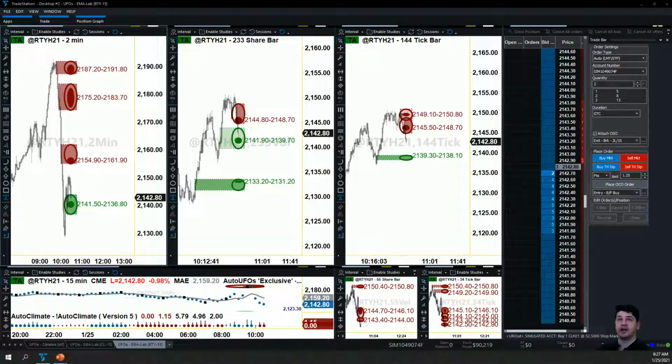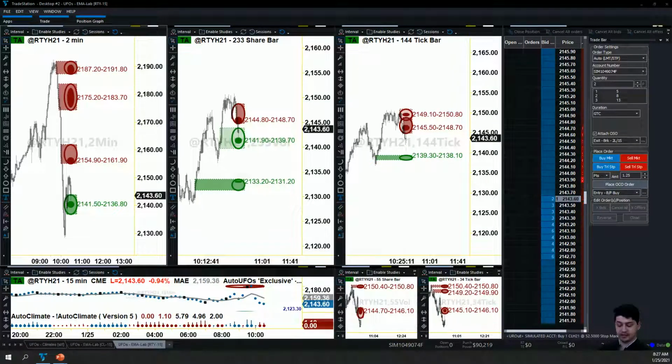So obviously we can't take it with the regular RTY, but we can take it with a micro. That would be a tenth of the price. That would be MRTY, isn't it?